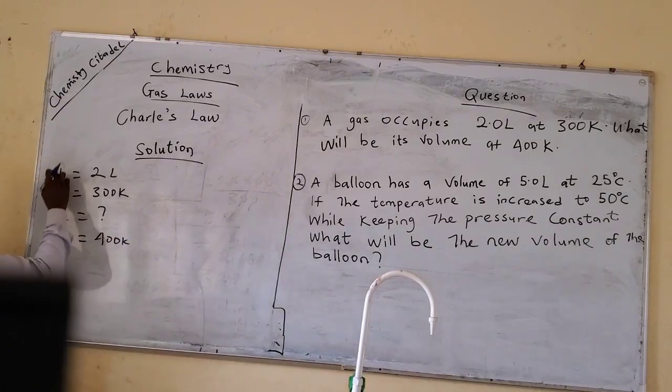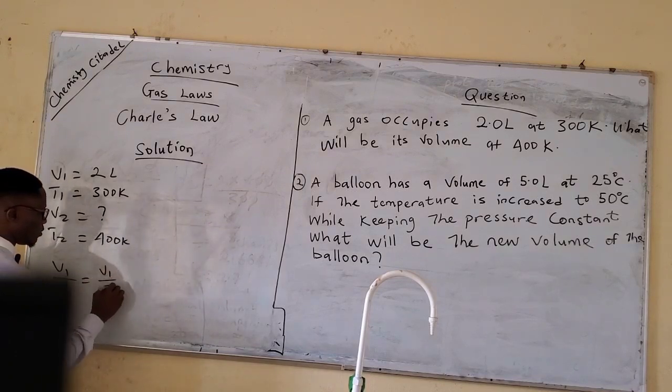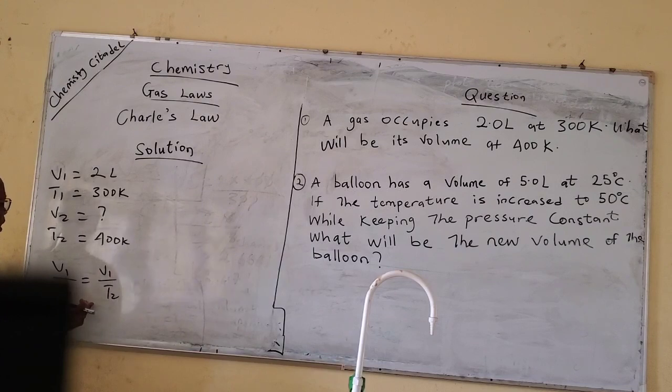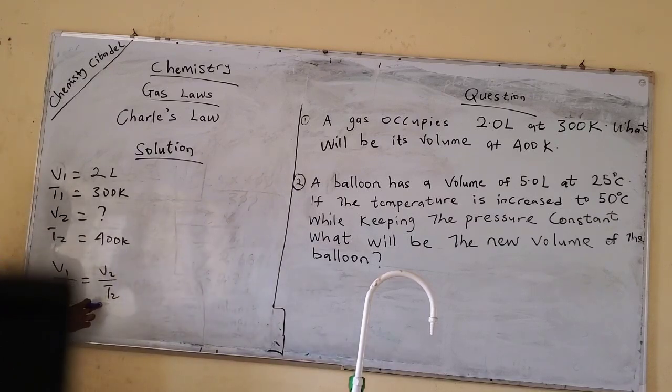It is talking about volume and temperature, so definitely that is Charles' law. So now here we are going to make V2 the subject of formula because we are looking for V2.